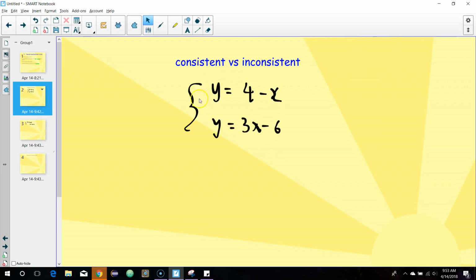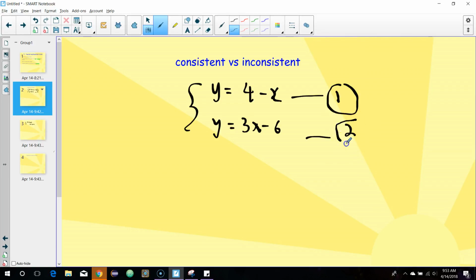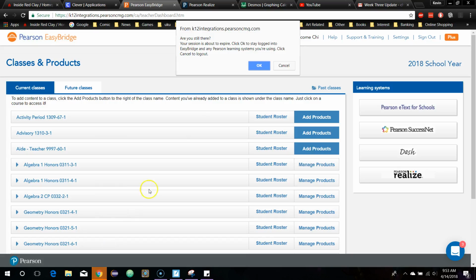This is equation 1, and this is equation 2. I want to draw this to see what's going on, and I will explain what that means. Let's just go there and draw it.